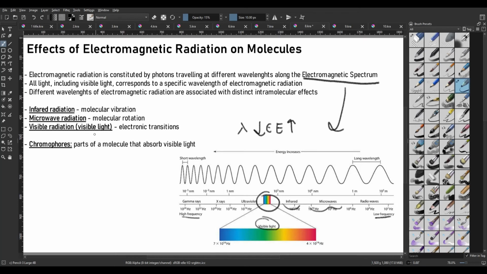And then visible radiation is a special one because this is talking about the photoelectric effect, or it references something that the photoelectric effect proved. That was something that Einstein did to show that electronic transitions do happen.